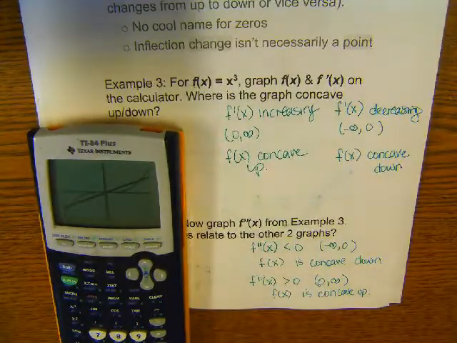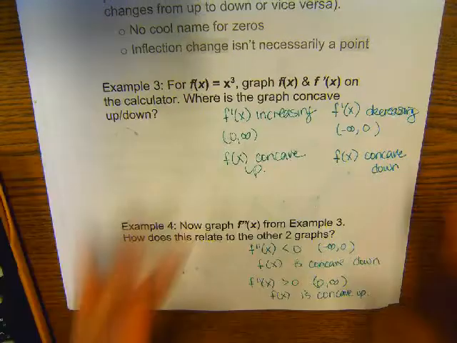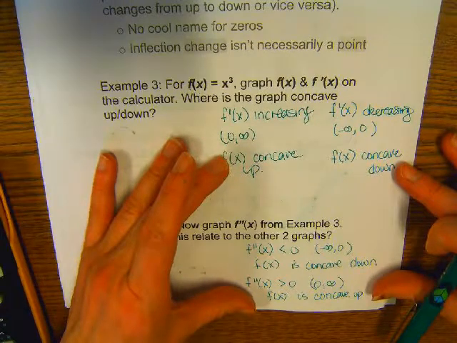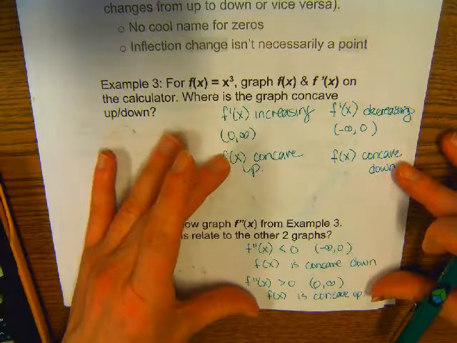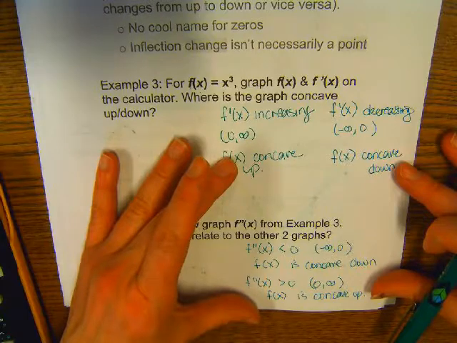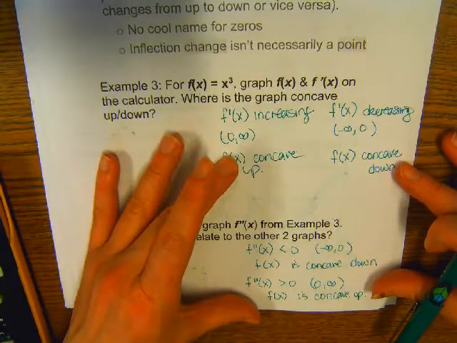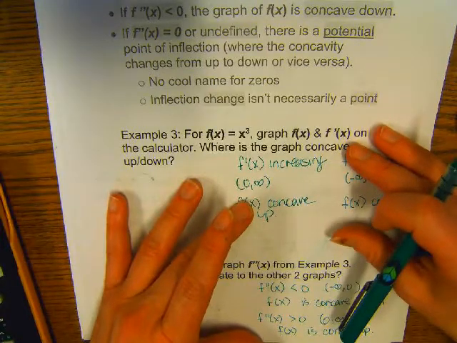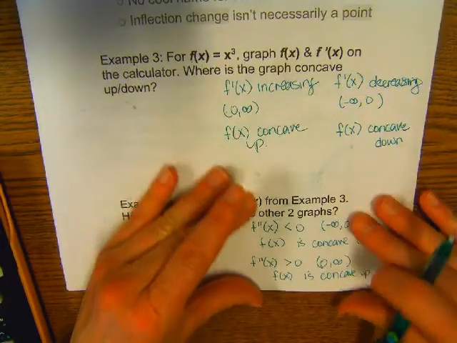So you might be asking yourself, well, I came to the same conclusion. Why does it matter? It matters because sometimes I'm not going to give you all of the functions. Sometimes I will give you only the first derivative, sometimes I'll only give you the second derivative.